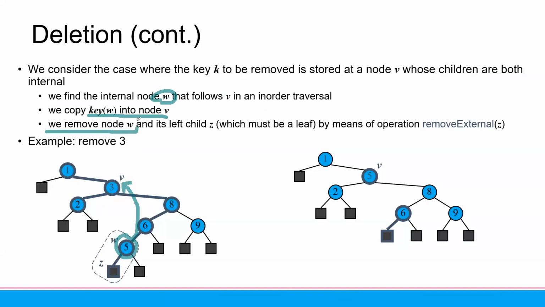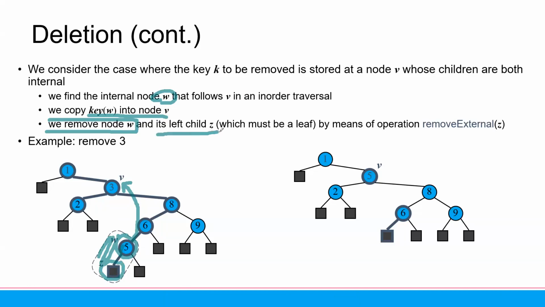Afterward, we remove the node w. Of course, you will check whether there is a leaf or not. We can see there is a leaf, and the leaf is on the left.